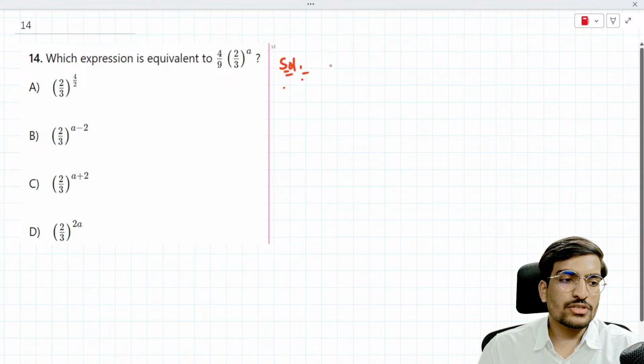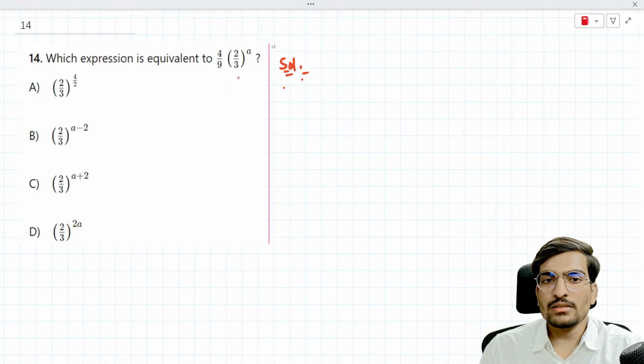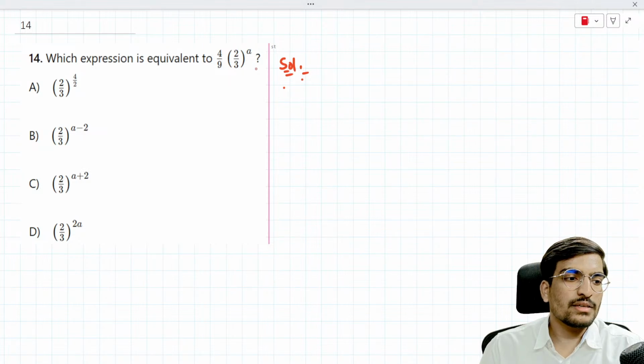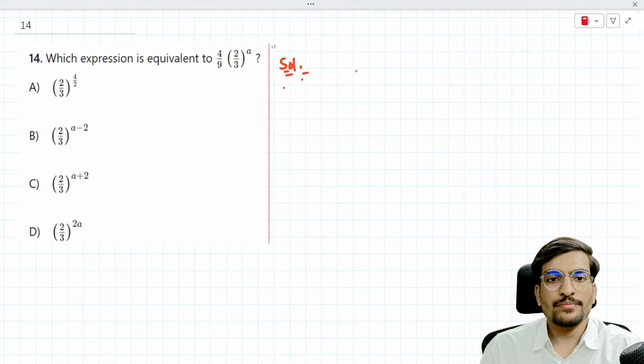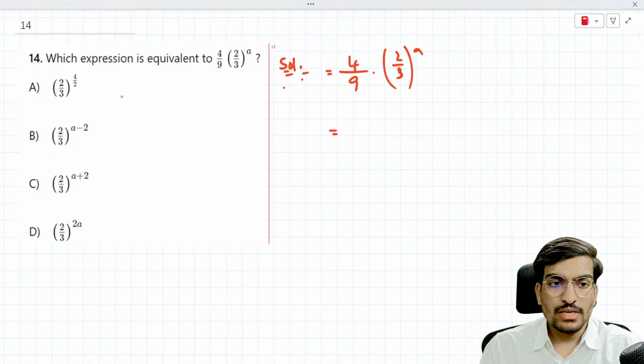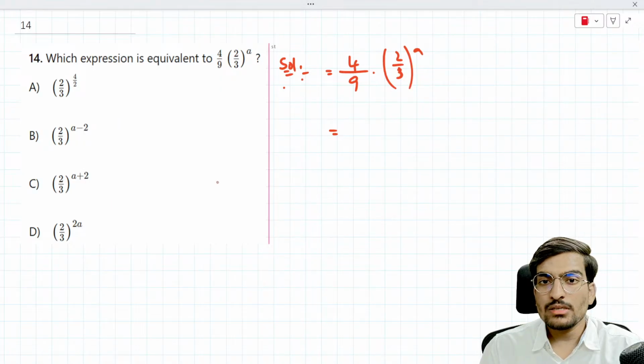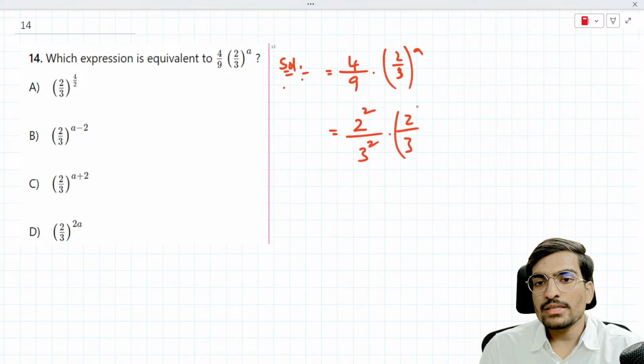Which expression is equivalent to 4 by 9 times 2 by 3 whole raised to the power of a? So here, 4 by 9 times 2 by 3 whole raised to the power of a. That equals which option? Maybe A, B, C, or D. What we can do here is write 4 as 2 squared and 9 as 3 squared. So 2 by 3 whole raised to the power of 2, and 2 by 3 whole raised to the power of a.